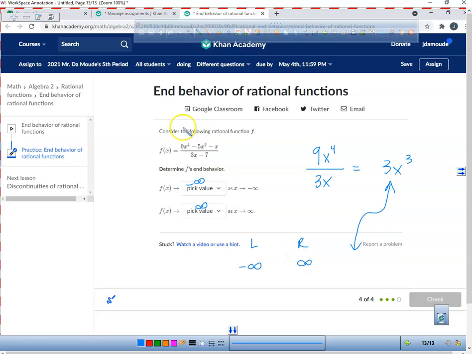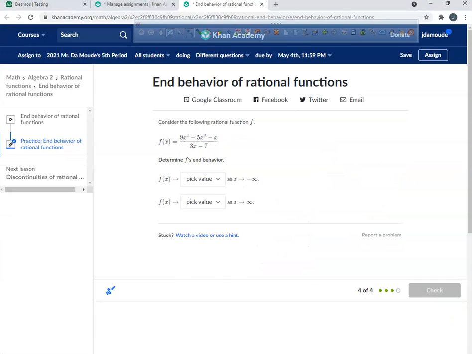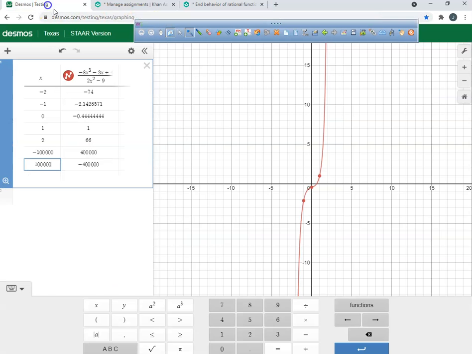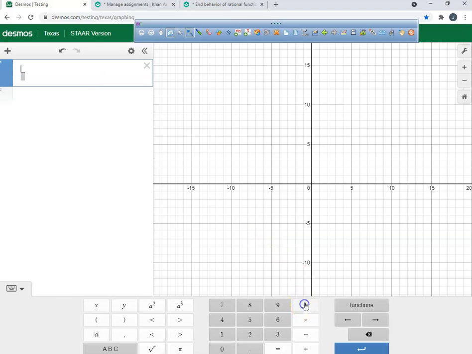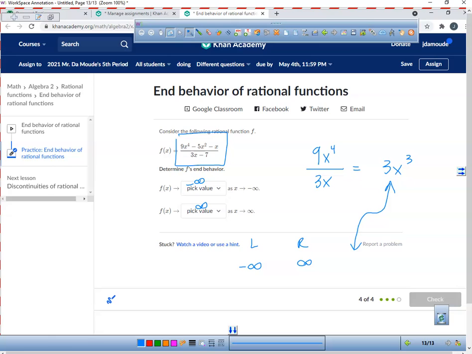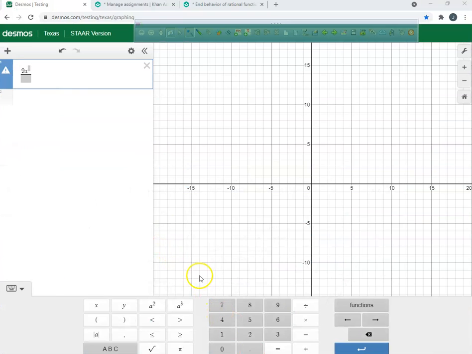So how could you make sure that you get this right? I'll show you guys how you make sure that you get it right. We're going to type this in nice and neat. 9x to the power of 4. Got it. Going over here. 9x to the power of 4.